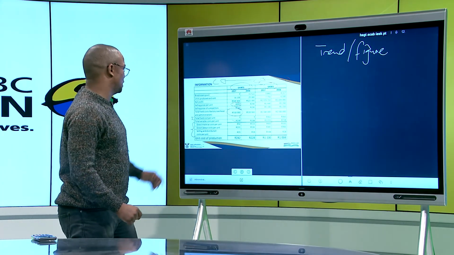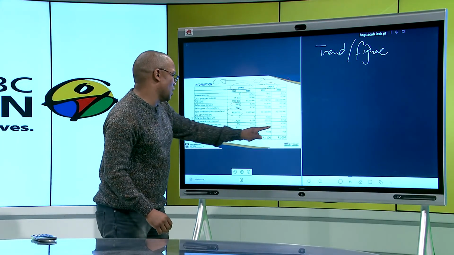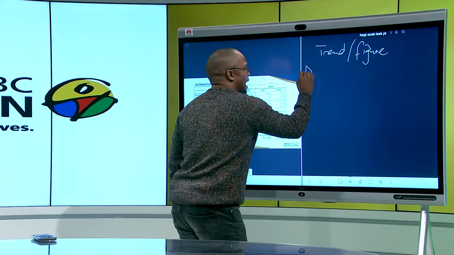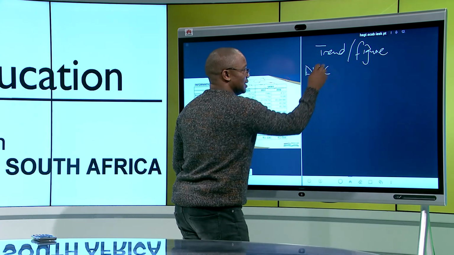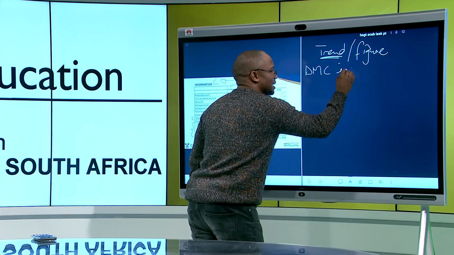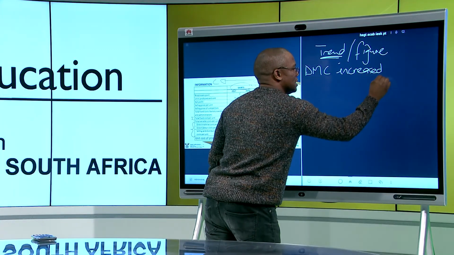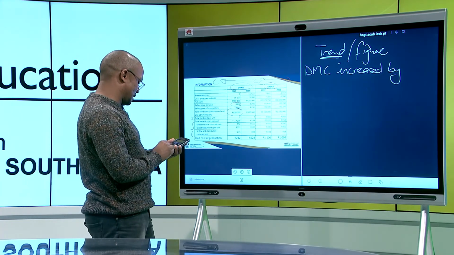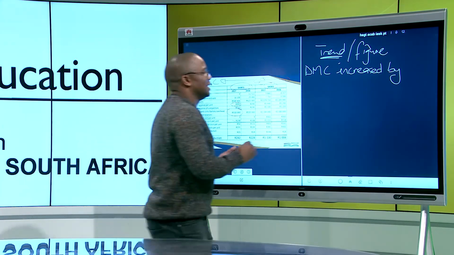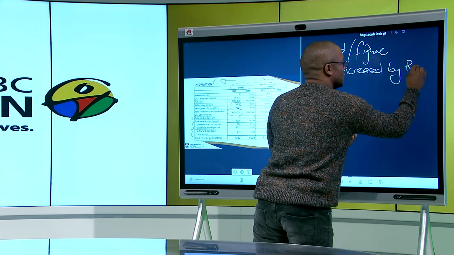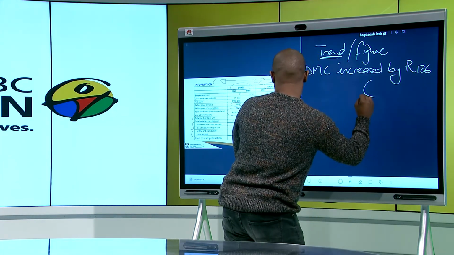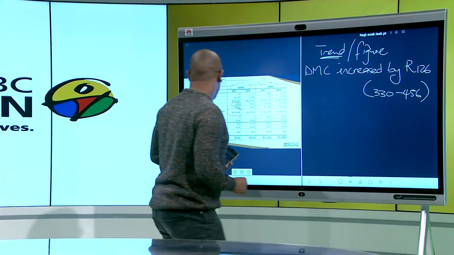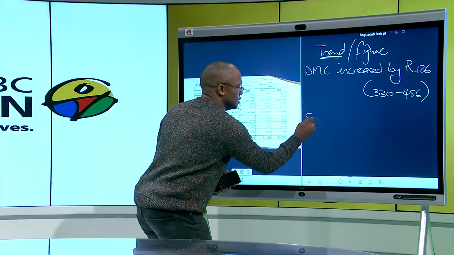Here's our information. The direct material was 330, is now 456. It means you'll say direct material cost, the trend. What happened? It has increased by how much? It was 330, it is now 456. It has increased by 126, from 330 to 456. Secondly, selling and distribution.